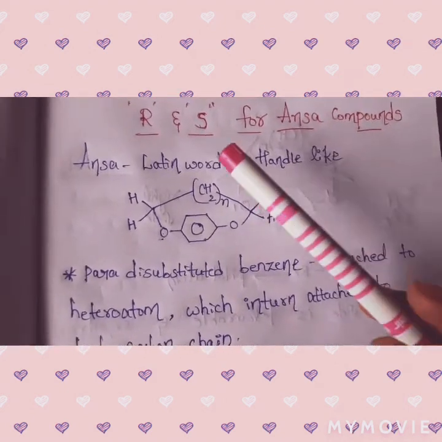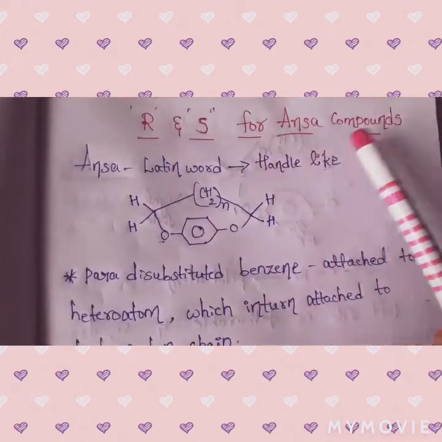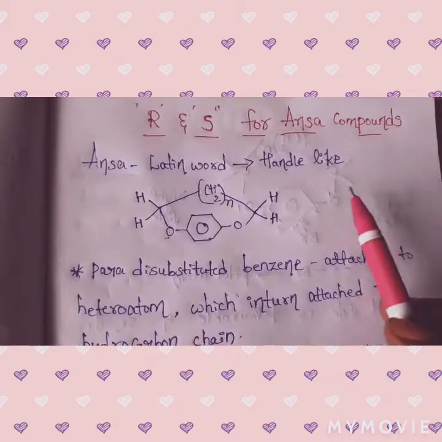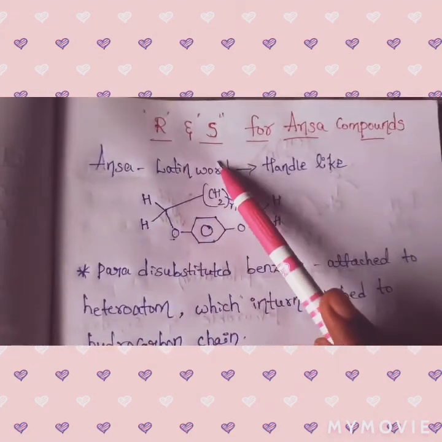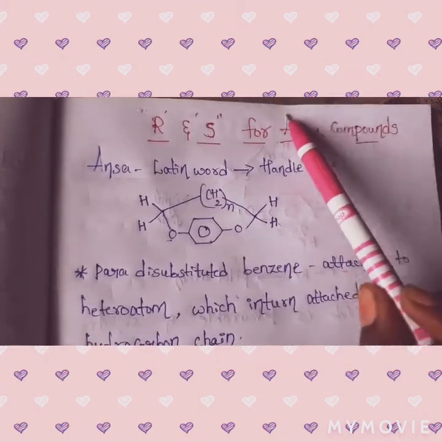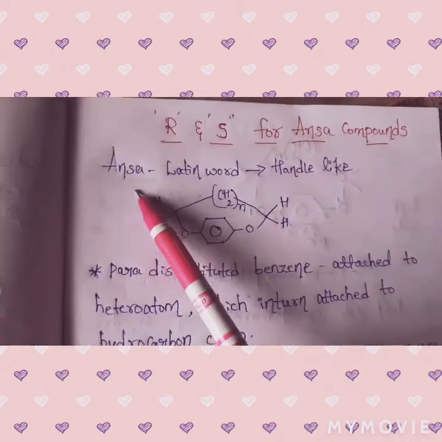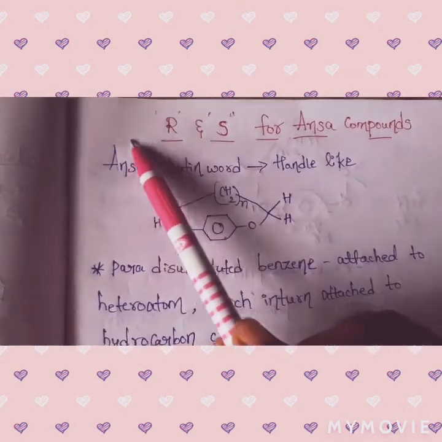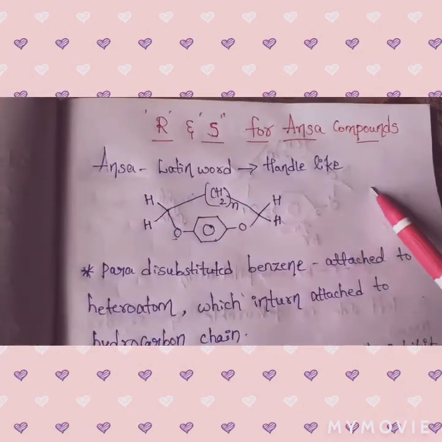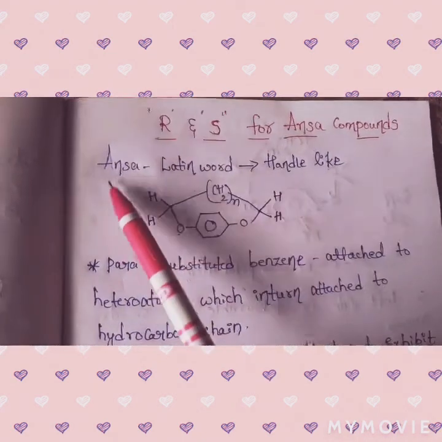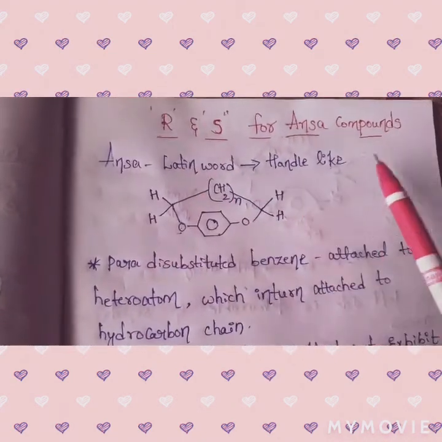R and S for ANSA compounds means now in this class we are going to learn about assigning R and S configuration for ANSA compounds. Let us see first what are ANSA compounds. ANSA is a Latin word, and the meaning of ANSA is handle like.